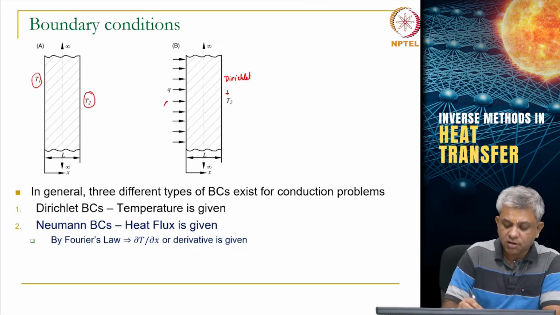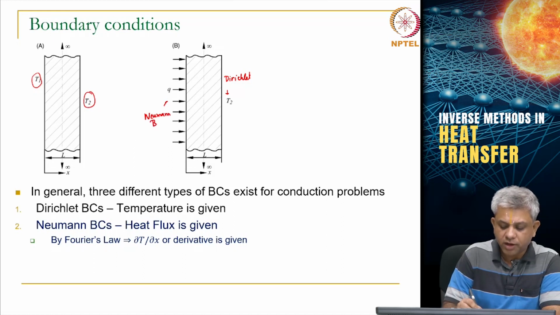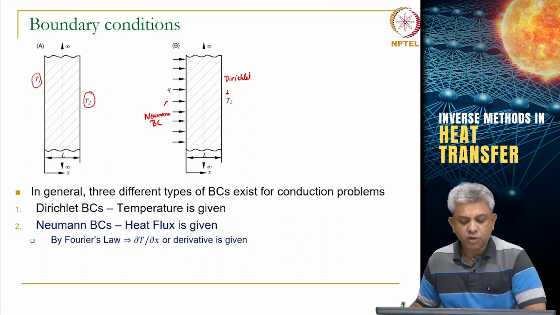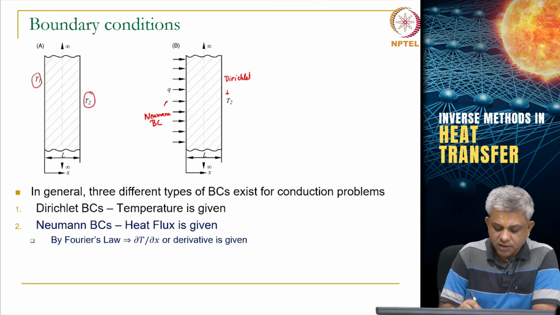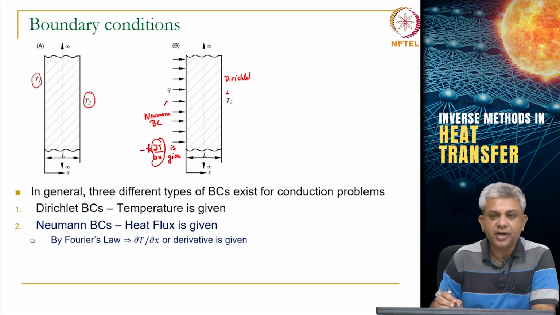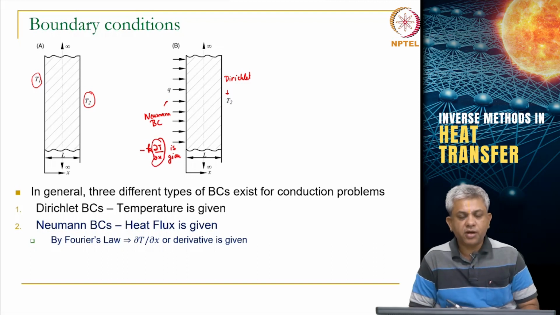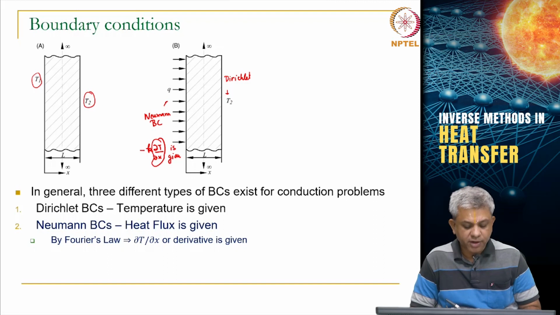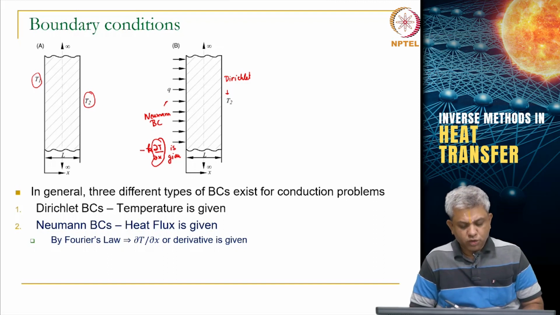So, this side is a Neumann boundary condition, because what is given is not T, but what is given is minus k del T del x, which is equivalent to providing us with del T del x, because presumably we already know the conductivity of the material. Okay. So, therefore, this is a Neumann condition.